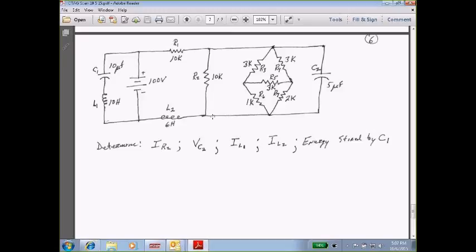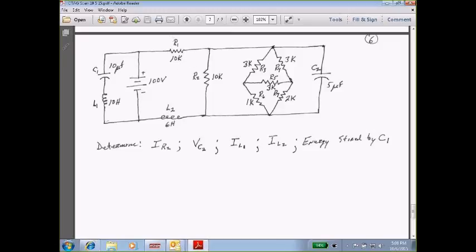We can check ourselves. Let's find the voltage for R1. That's the total current of 8.5 milliamps times 10K, that's 85 volts. We started with 100 volts. Going around our loop right here, we've got two resistors in series.